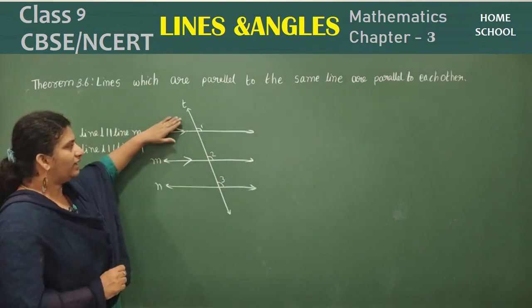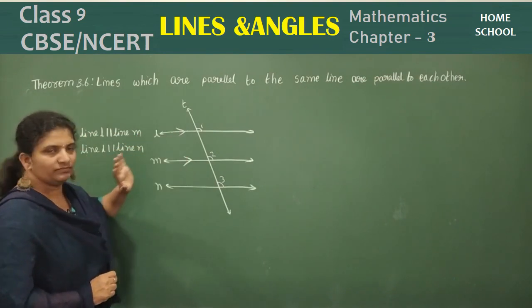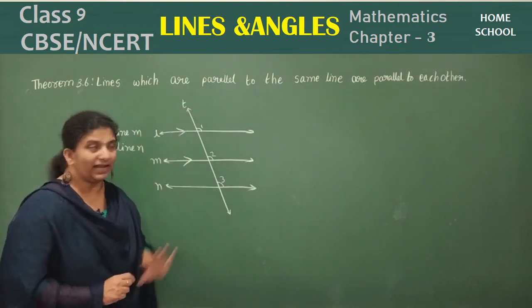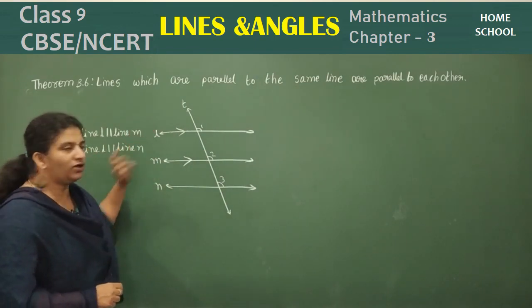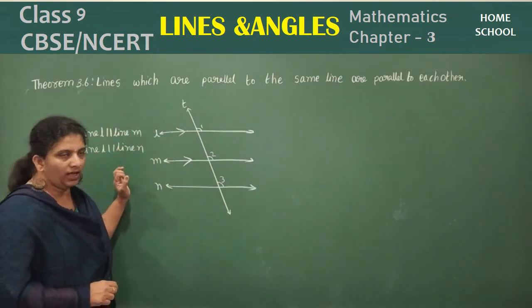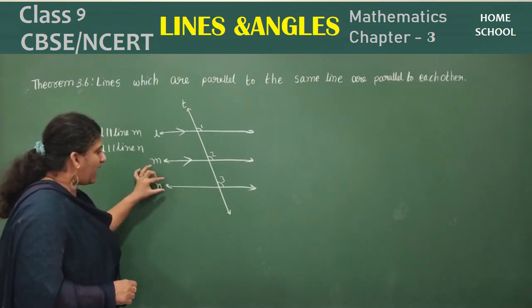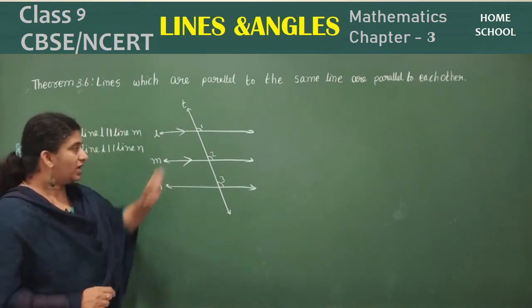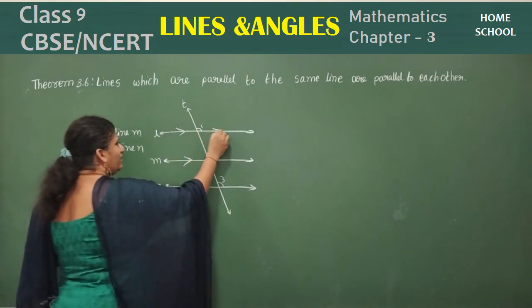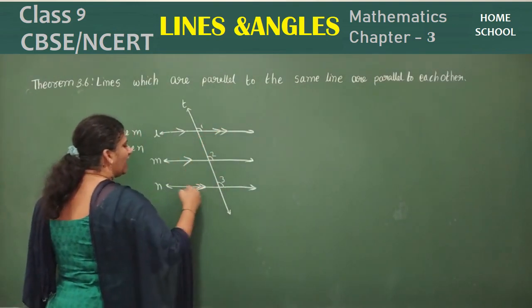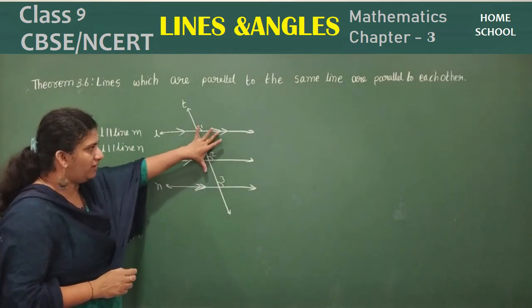Let me take lines L, M, N and a transversal T. Later I'll talk about the transversal. Line L is parallel to line M, and line L is parallel to line N. Can you see the symbol?